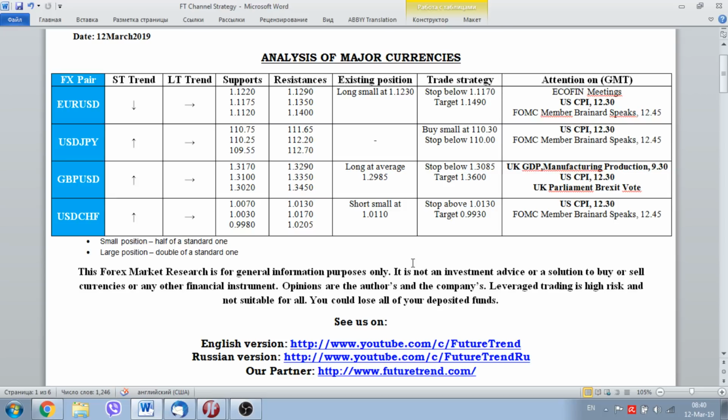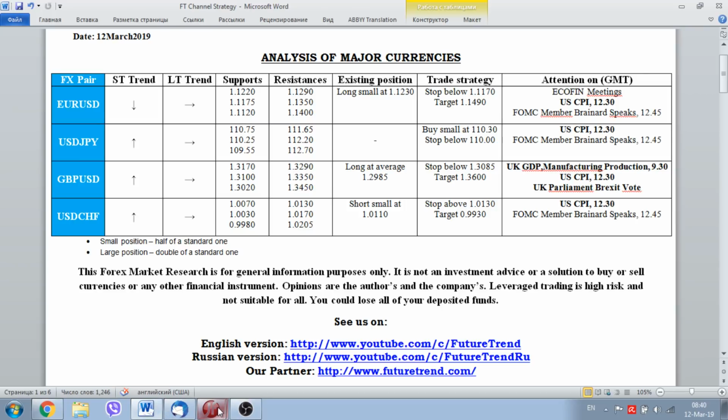First of all, today is the UK Parliament vote on Brexit, and another important event is United States economic data, in the form of a United States inflation report. Both of these events are really very important.